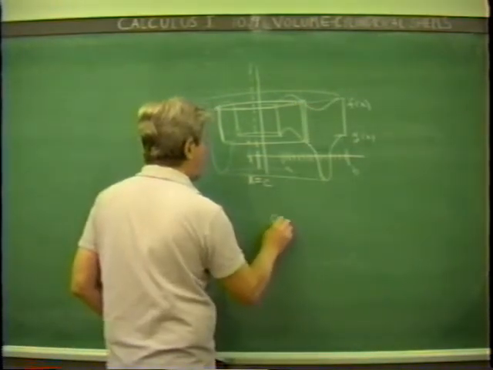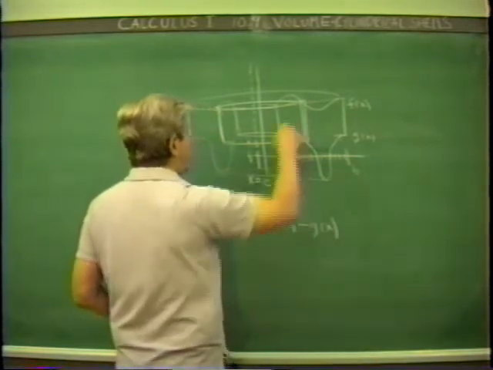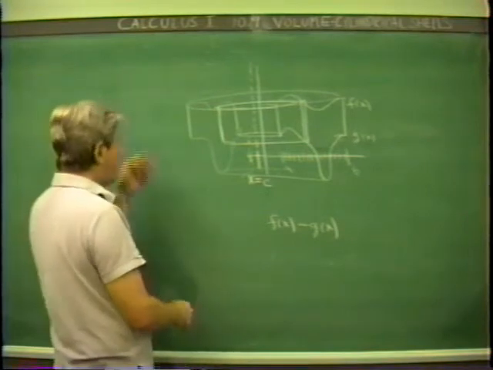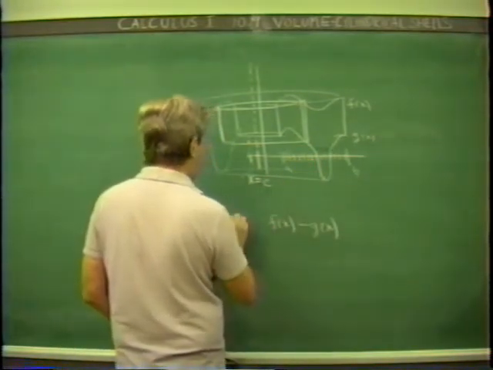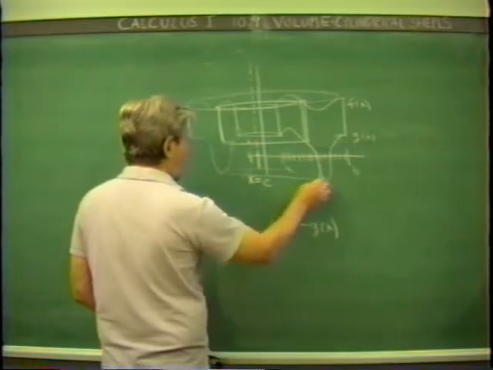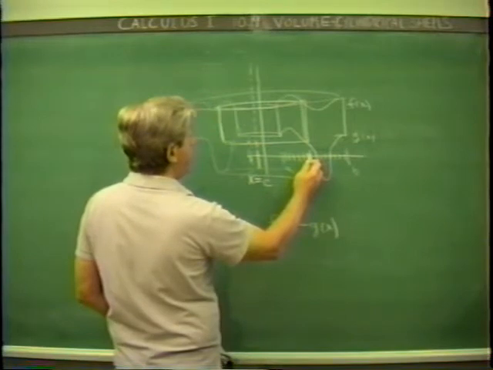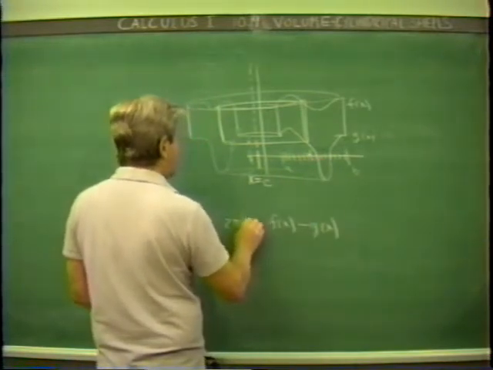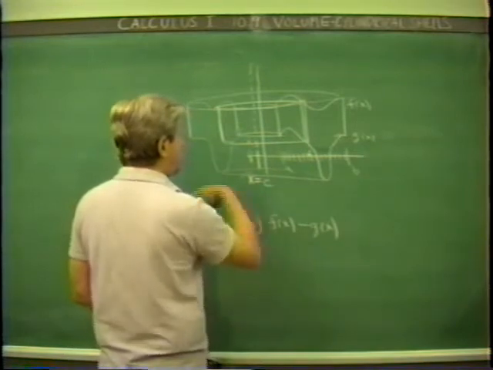And the height of the shell is going to be f of x minus g of x. If we think of it as rolling it out, we get f of x minus g of x for the height of the rolled out piece. We get 2 pi, the wi is the point in the interval, but we think of that as x, and so 2 pi x minus c.